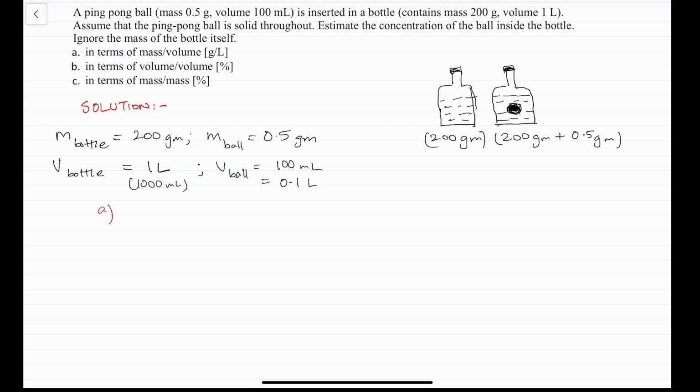So now let's look at the three parts of this problem. Part A, we have to estimate the concentration of the ball inside the bottle in terms of mass over volume, grams per liter. So this is C, mass over volume.